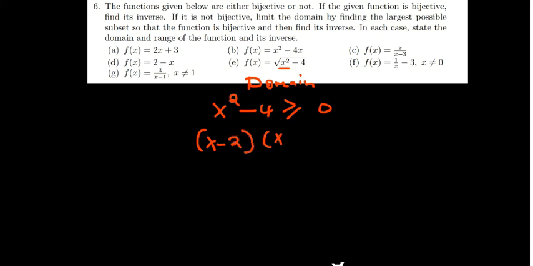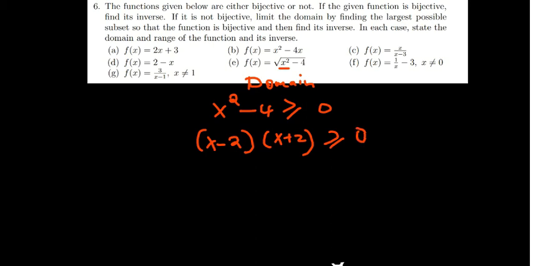Okay, so first of all, we understand that whenever you're looking at that, how do we find the domain? Let that be our first attempt. So for a domain, whatever is under the square root should always be greater than or equal to 0. Now that is the difference of two squares, because 4 can be expressed as 2 squared, so it will be x minus 2, x plus 2, greater than or equal to 0.